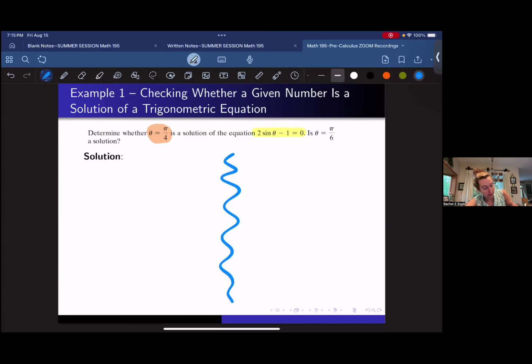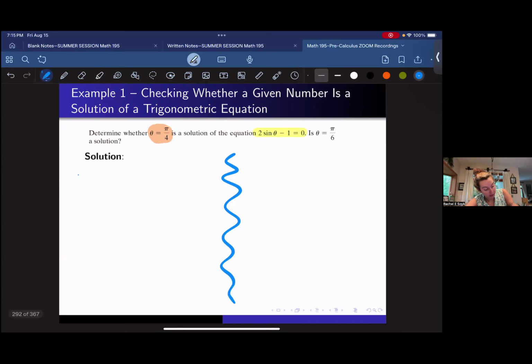What do we do here? All we have to do is plug it in and see if it works. We're going to let theta be equal to pi over 4. So 2 sine of pi over 4 minus 1, is this indeed equal to 0?